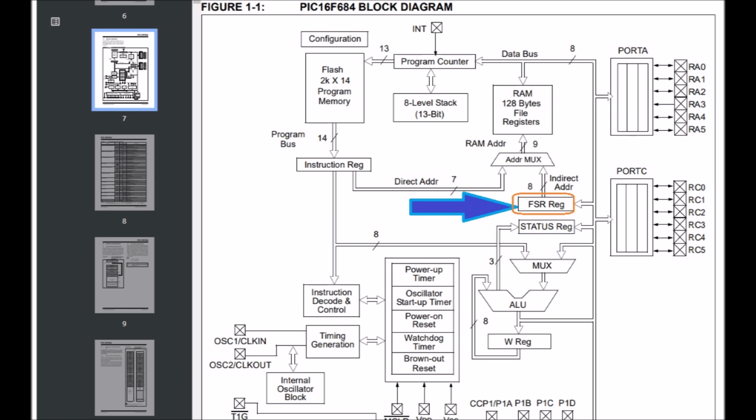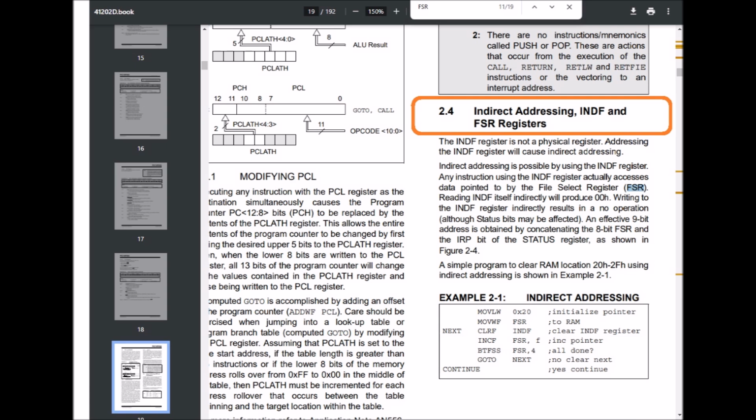In the PIC16F684 microcontroller, the file select register is a special function register that plays a crucial role in indirect addressing.